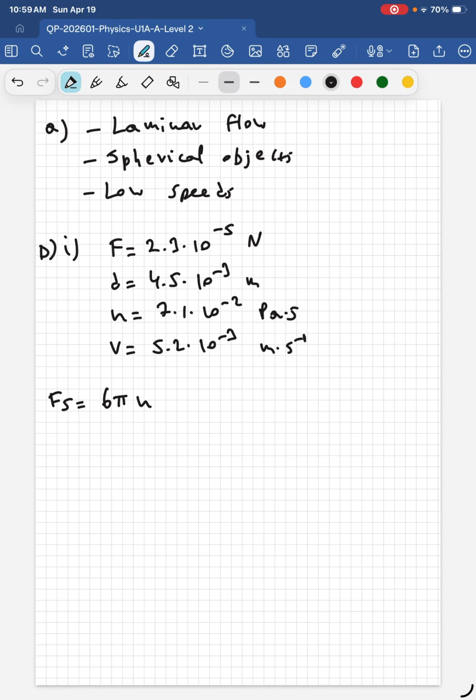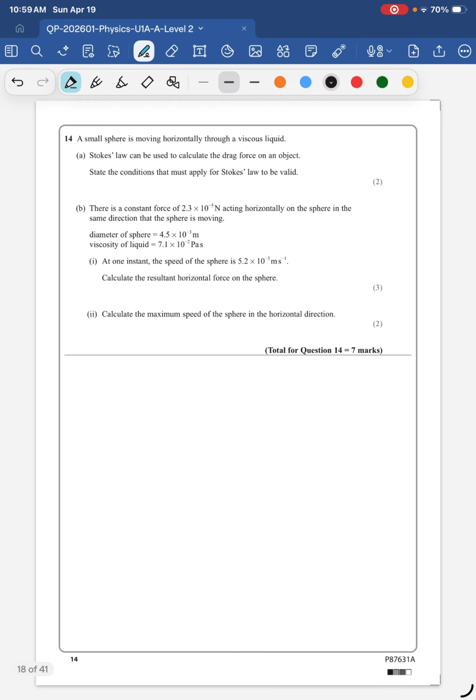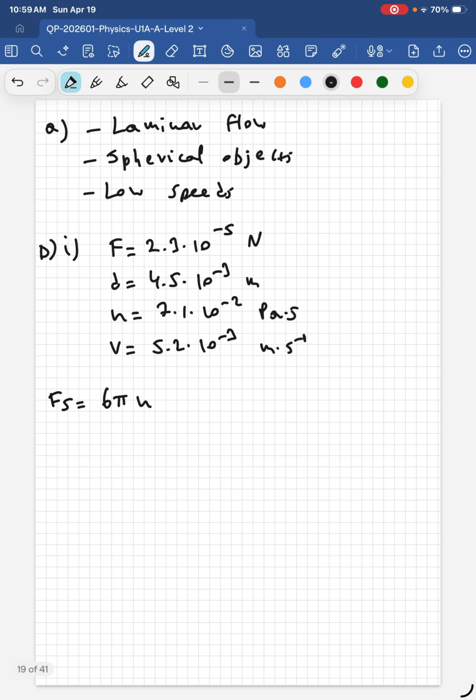times the viscosity. Wait, what are we trying to calculate? The resultant force. Okay, so first of all, we need to find the drag force, because as the sphere moves, there is this force, F, that pulls it forward, and then there is the drag force, which is Fs, pulling it back. This is what we are trying to calculate.